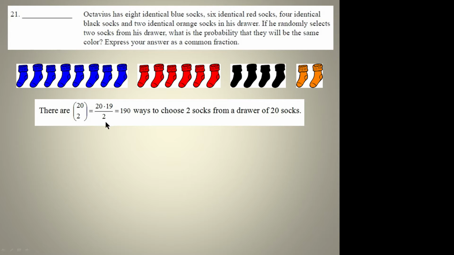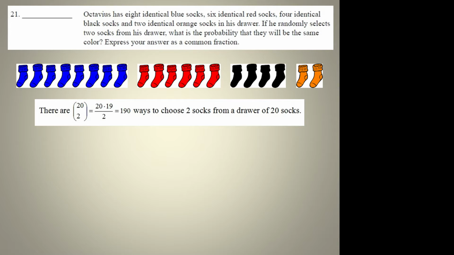So why? Because let's say we have 20 socks, and let's say they are all different. If we choose 1 from those 20 socks, there will be 20 choices. Then for the second sock, because you have only 19 left, you have 19 choices.